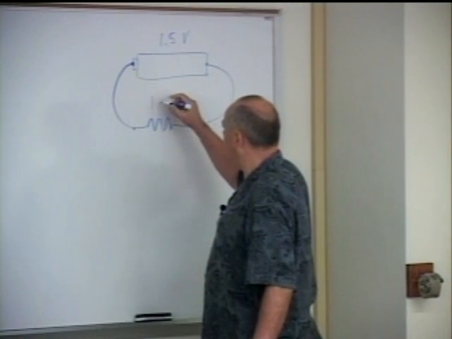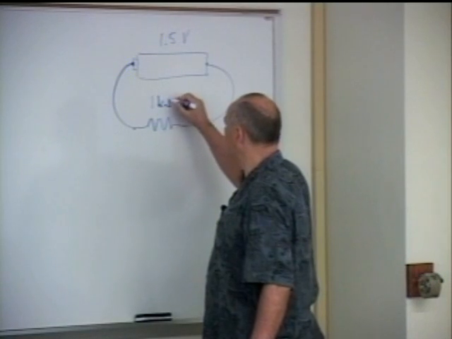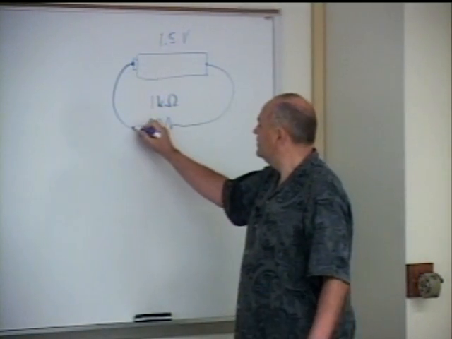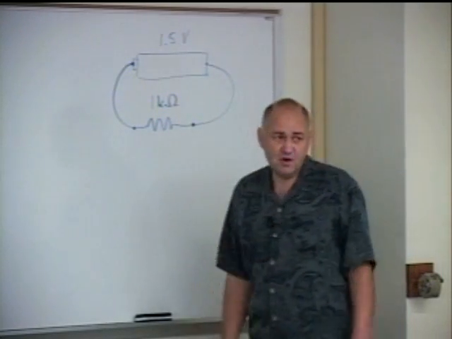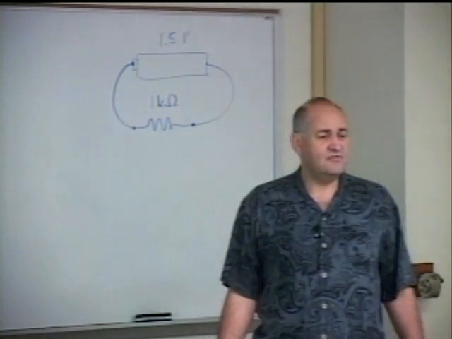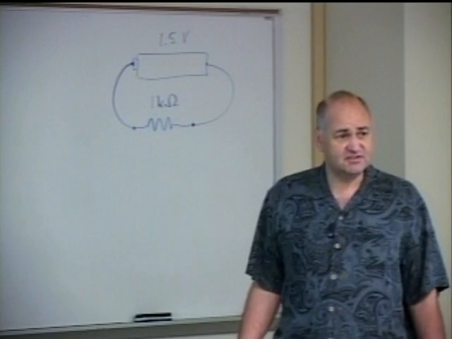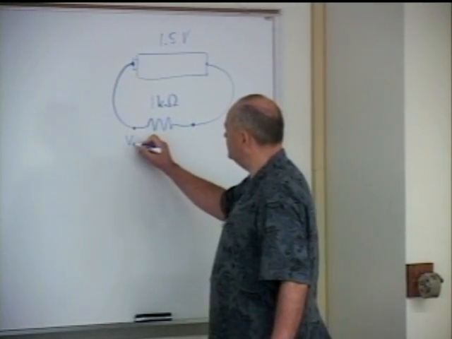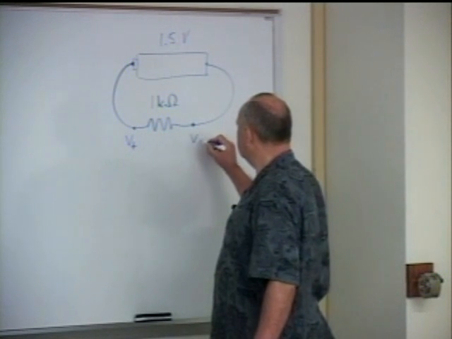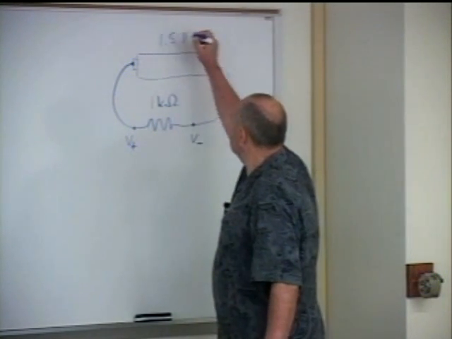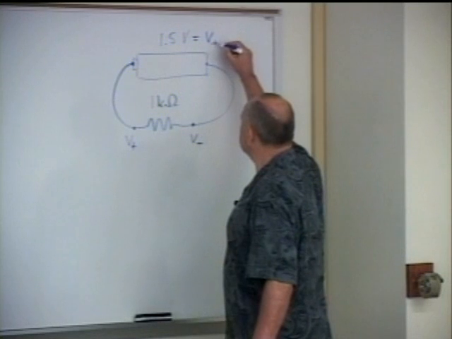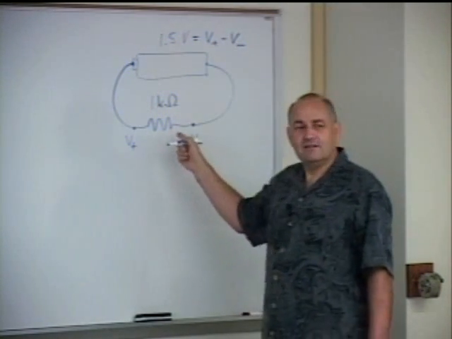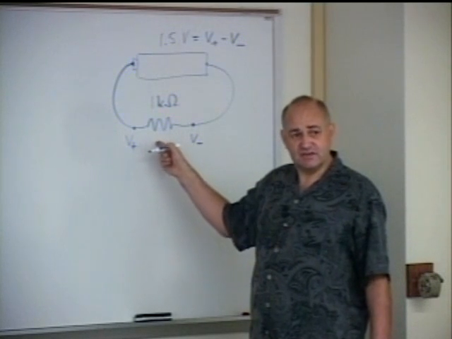If we take a 1 kilo ohm resistor, that battery will behave like an ideal battery and will maintain the potential difference between these 2 points to be 1.5 volts. If I call this V plus and this V minus, this difference is V plus minus V minus. So let's find the current in this resistor.